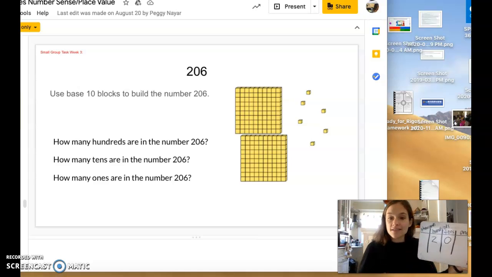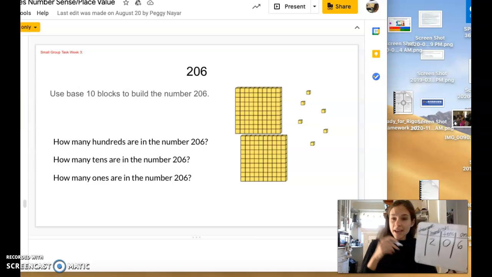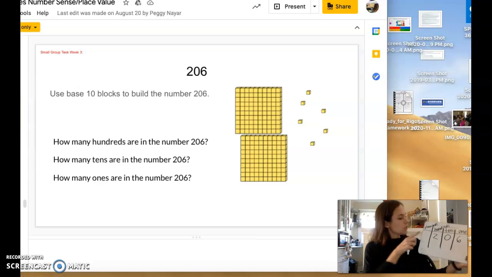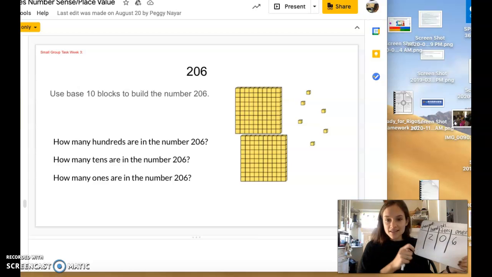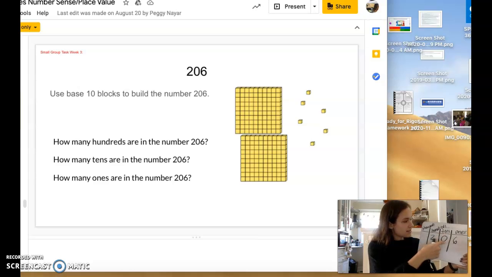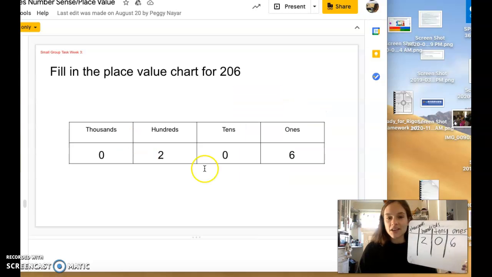How many ones? 6 ones. And do we have any thousands? No. We can just leave that blank. So our number is 206. There are 2 hundreds, 0 tens, and 6 ones in the number 206. So our place value chart looks just like this.